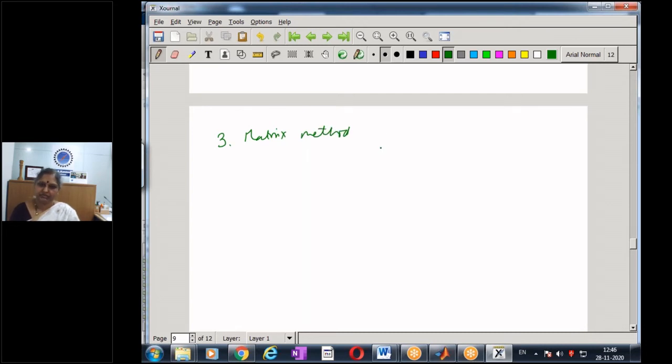This method is especially useful when both the sequences are of short finite duration. If both sequences x of n and h of n are of short finite duration, then the matrix method becomes convenient.